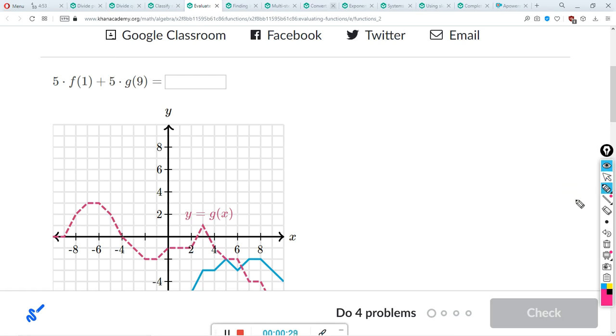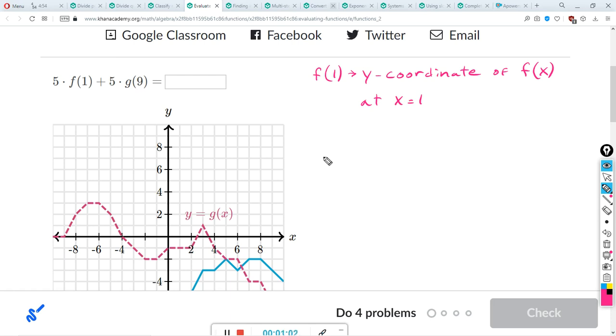Alright, so just so you know, if they say f of 1, that's going to be the y coordinate of f of x at x equals 1. Okay?